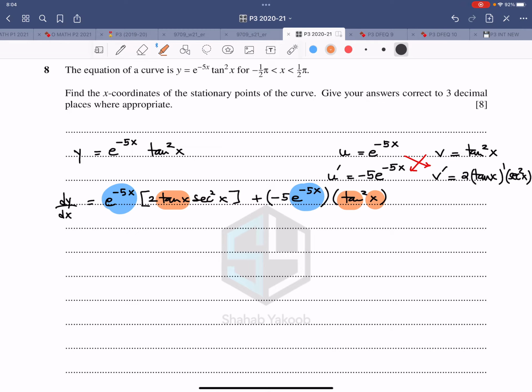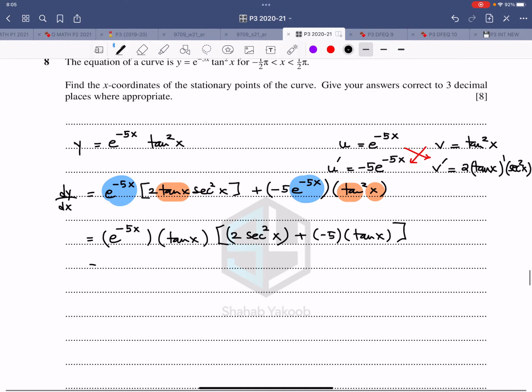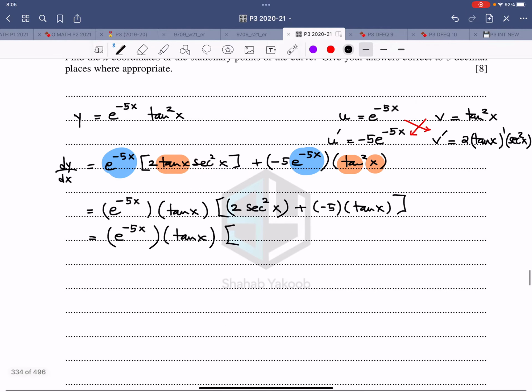So therefore this is e raised to power of minus 5x, and let me also take common tangent x, and what's inside? From the first term this is 2 sec square x. From the second one this is minus 5, and this is tangent x. Double check it. 1 plus tan square is sec square, so I can have a complete equation in terms of tangent.